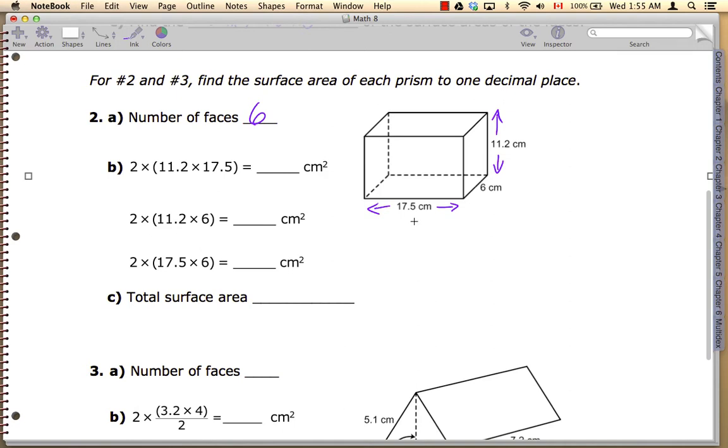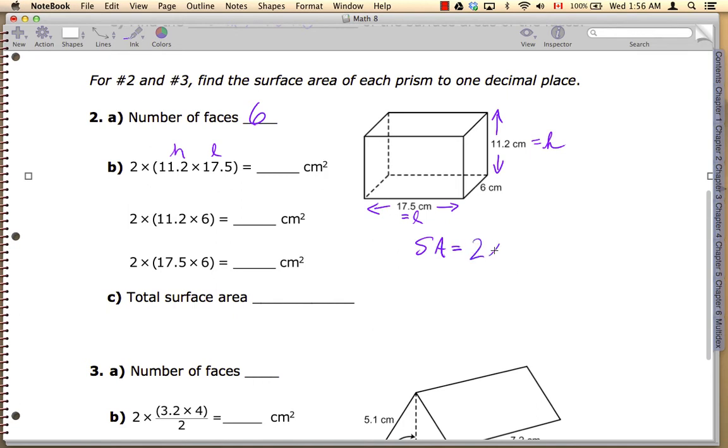So if we refer to this as the length and this as the height, then doing length times height times 2 will cover the front and the back. In addition to this specific example, we also want to cover a formula we can use for the surface area of a prism.